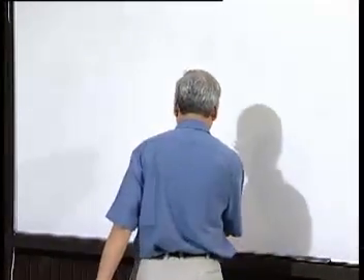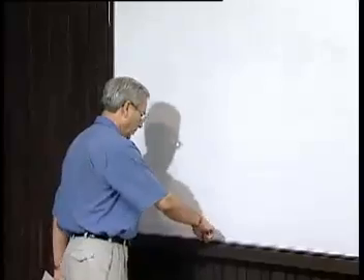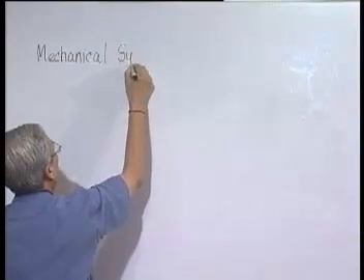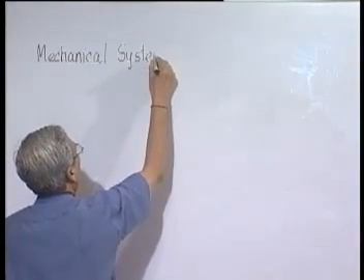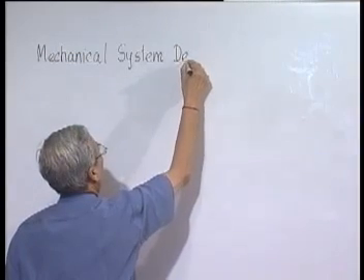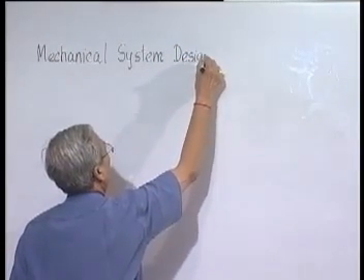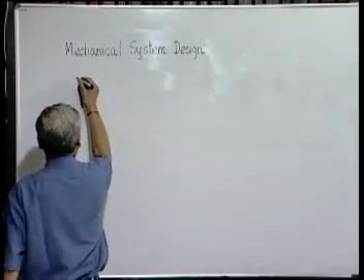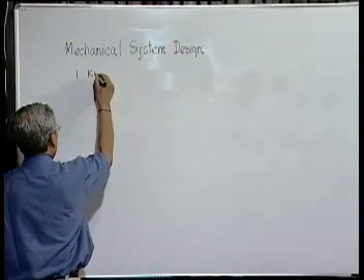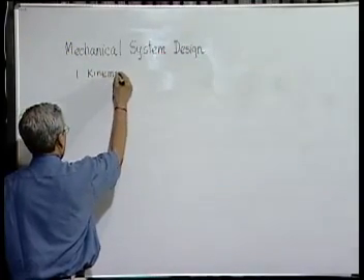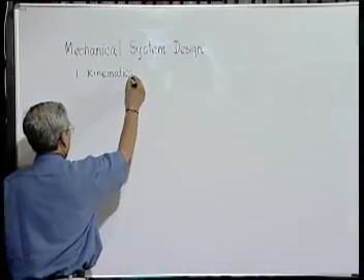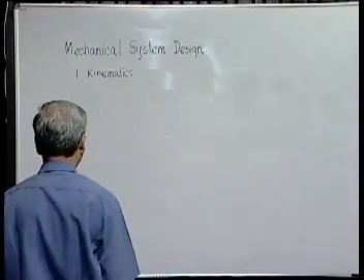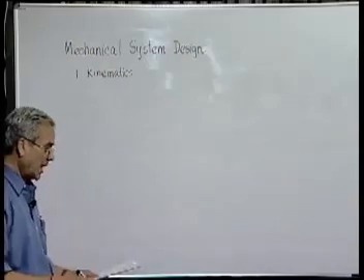So, the steps which we follow to design a machine or a mechanical system: the first task which we accomplish is to analyze the kinematics, which tells us about the movements of various components and parts of the bodies in accomplishing the described task.